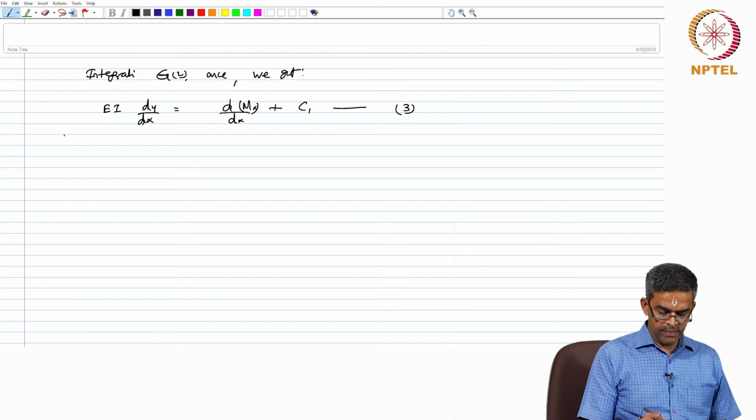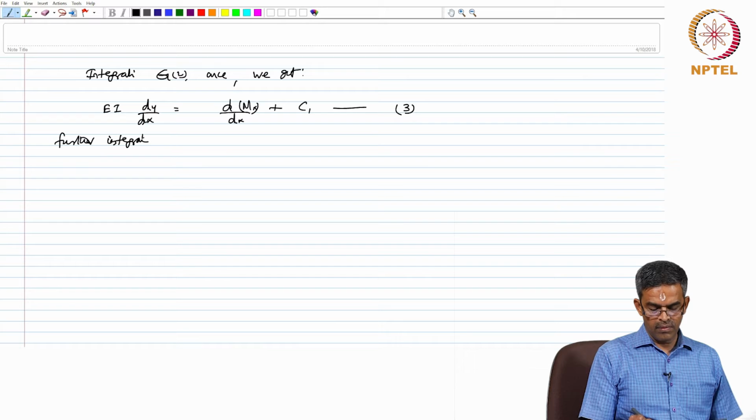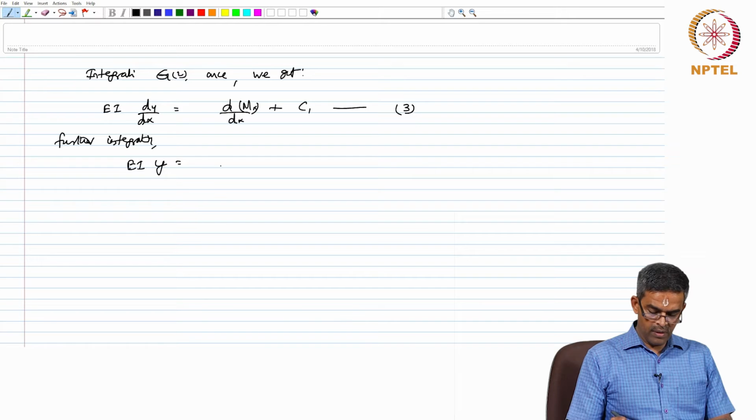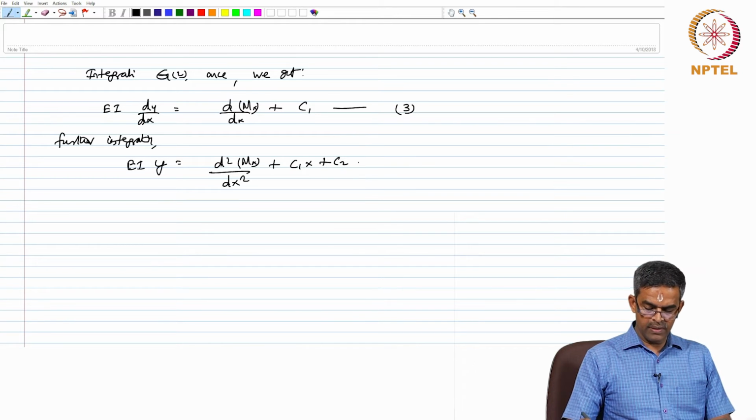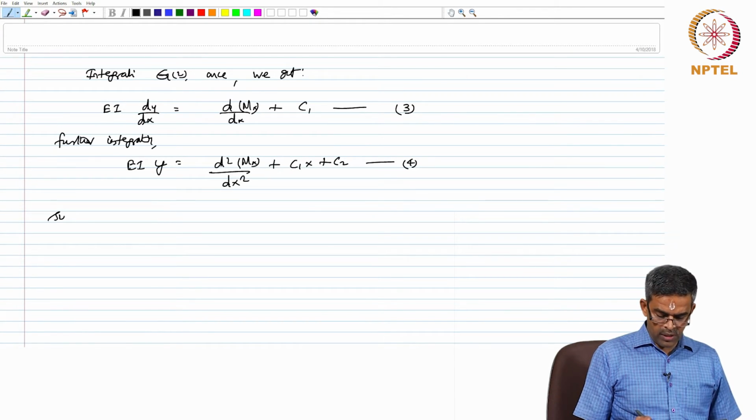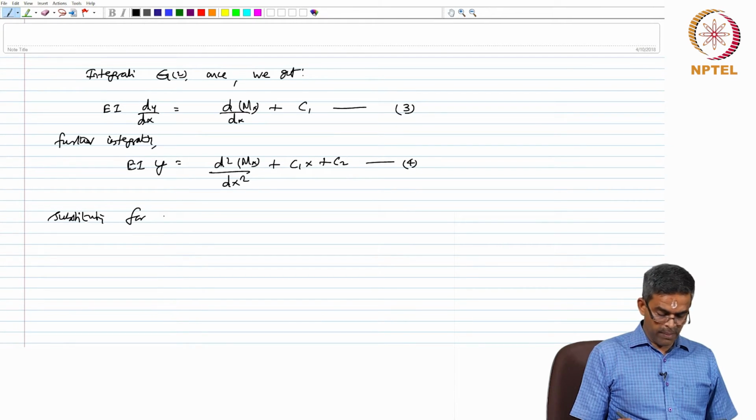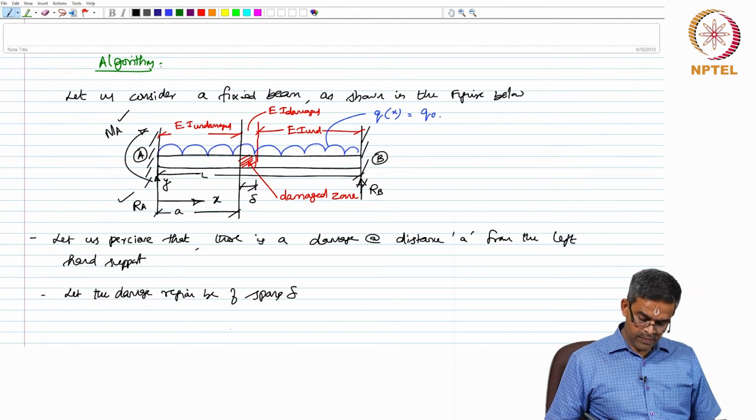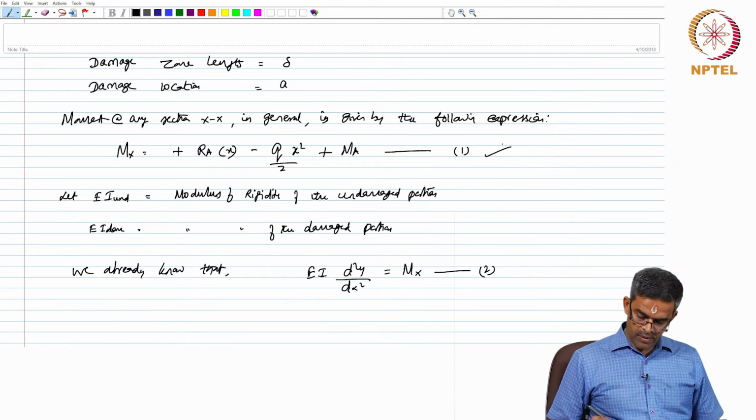Further integrating, EI into y will be a double integral of Mx plus C1 x plus C2, substituting for Mx from equation 1. Equation 1 is here, substitute Mx.